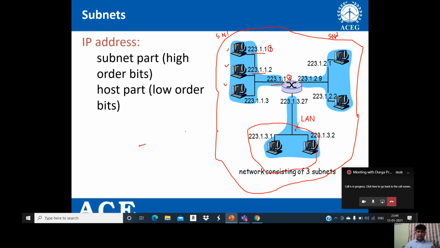So your IP address consists of a network ID and a host ID. Here we can call it the subnet ID and host ID. The subnet part indicates which particular subnet the device belongs to, and the host part identifies the different devices which are part of that particular subnet.